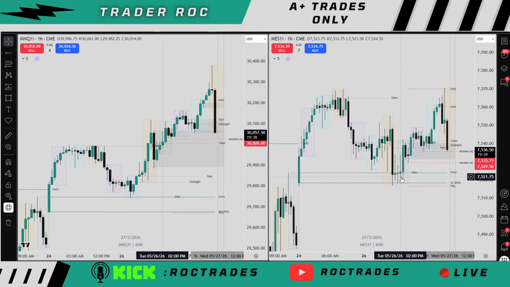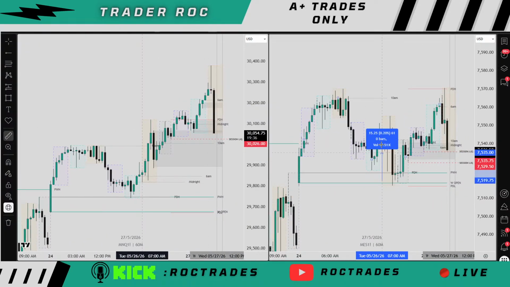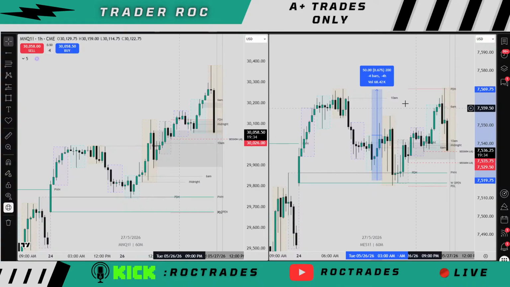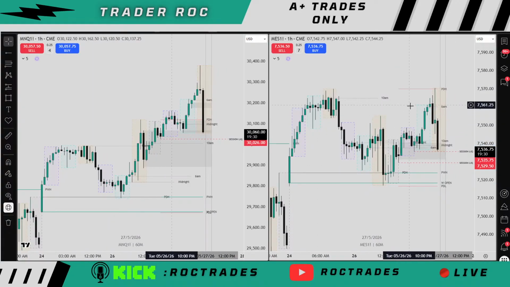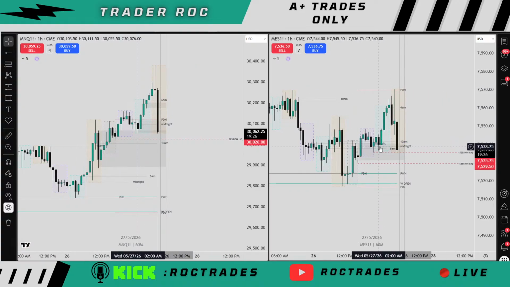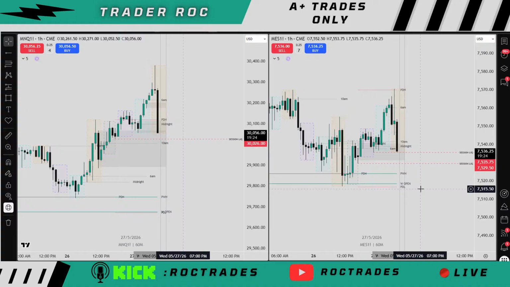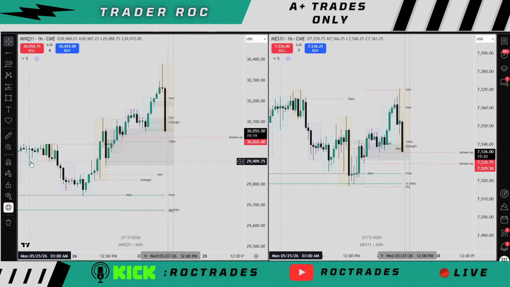Sure enough, price rallied 50 points straight to the upside, takes the high that we were anticipating. Now, when you see this quick retracement off of that level, you want to be cautious just in case it keeps going. But if you start to see rejection, you should start looking for the buys again.